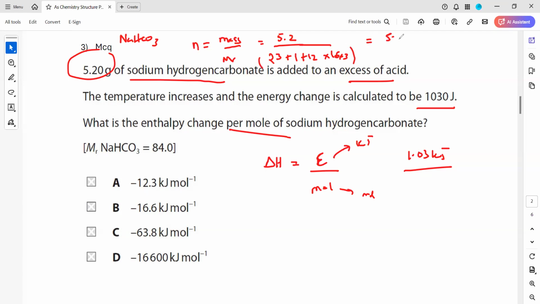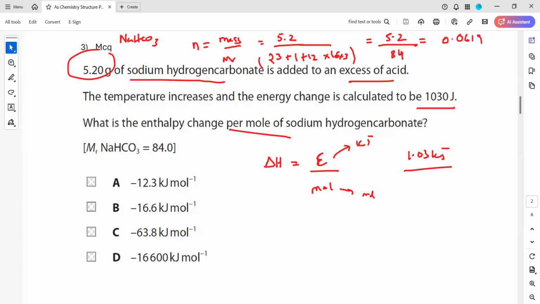So 16 multiplied by 3 is 48, plus 12 makes 60, and then 60 plus 1 is 61, and then 23 is there. It will be 84. So this will be 5.2 divided by 84. So we got 0.061 mole.